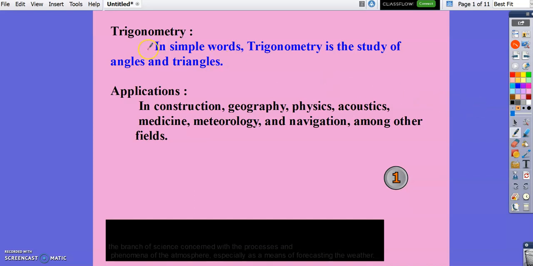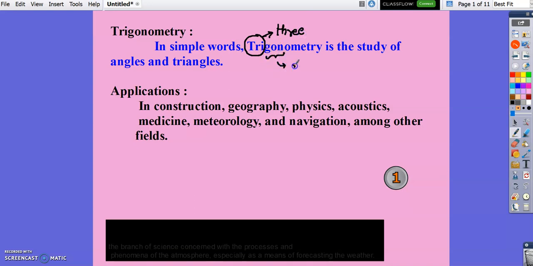So, what is trigonometry? Trigonometry, in simple words, is the study of angles and triangles. As you can see, the word "tri" means what? It means 3. So this means we will be dealing with 3 angles or 3 sides.